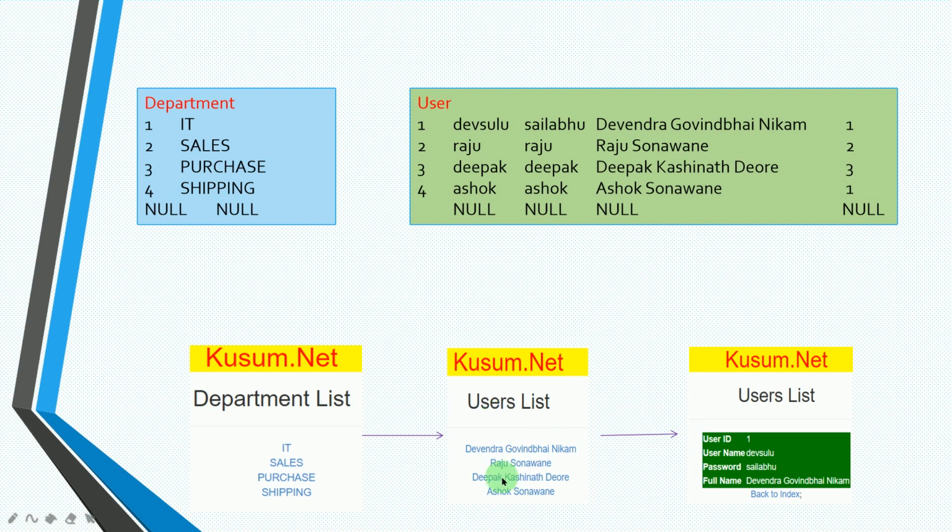The displayed user list will be as per the department. Okay, the IT department has whatever users belong to it, and sales has its own users list. Like that, every department has its employees, or you can say users list.